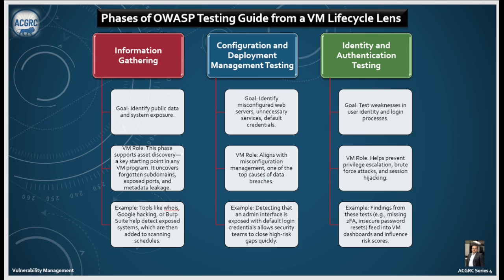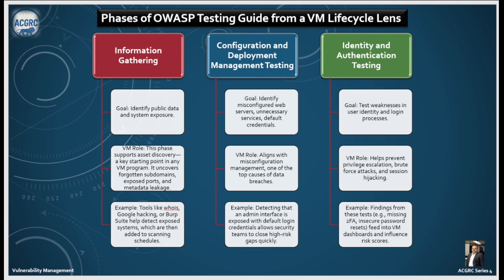Spidering or crawling, automatically mapping all links and pages. Directory brute force, which is finding hidden files or folders. Or search engine dorking, that is using Google to find exposed data. These are the common techniques used. Now, why is this important? Well, because you can't secure what you don't understand.